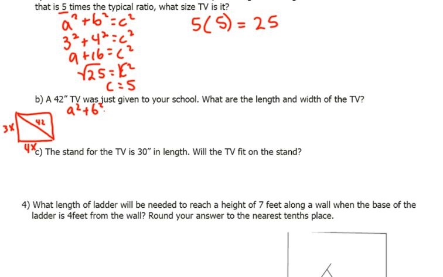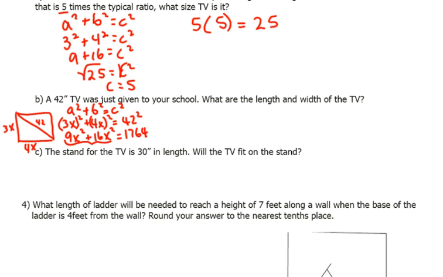So we're still going to use the Pythagorean theorem, but it's a little different now. It's 3x squared plus 4x squared equals 42 squared. So I get 9x squared plus 16x squared equals 1,764. That's 42 squared. Now I solve this equation by combining these two together because they're like terms.